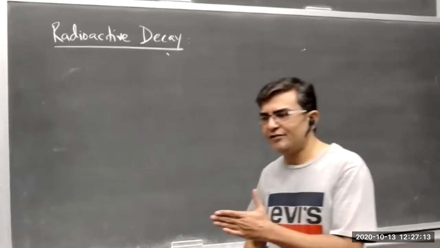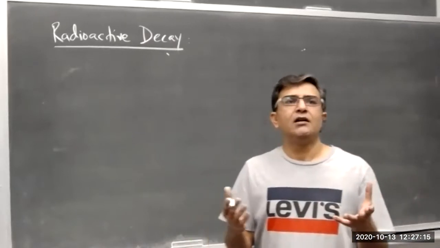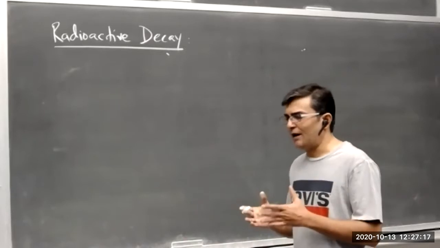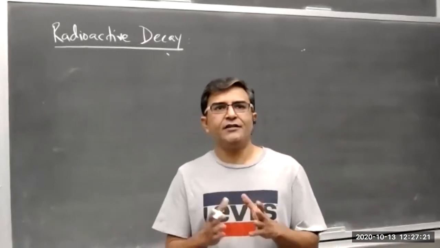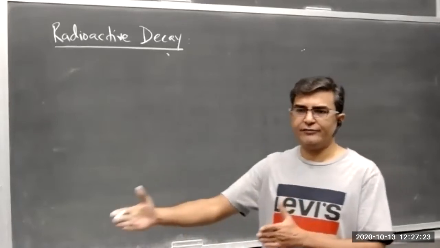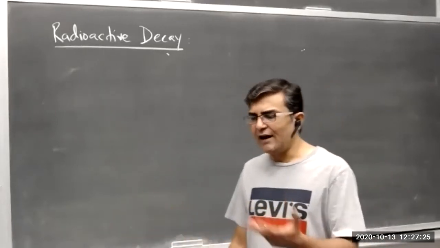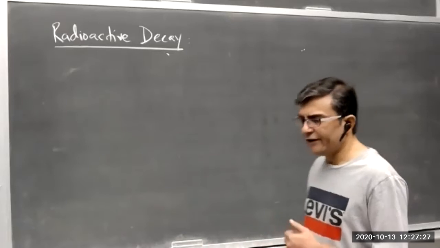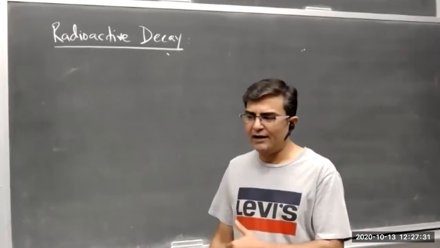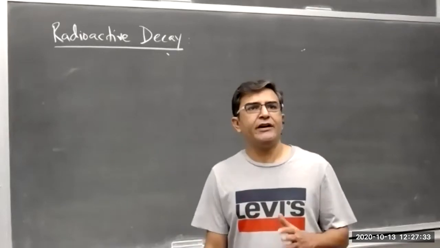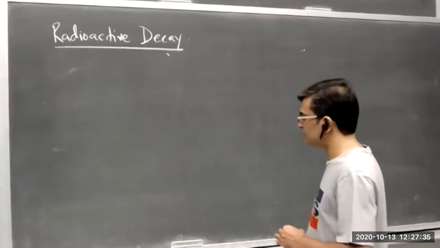They decay with time because they emit elementary particles. So their amount decreases with the passage of time. This kind of phenomenon is called radioactivity, and in mathematics we call them radioactive decay models.